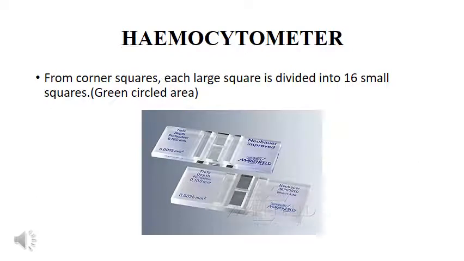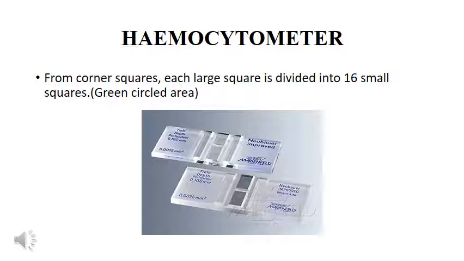I was just telling before that the corner areas are large boxes on four corners, and each is subdivided into 16 small squares.